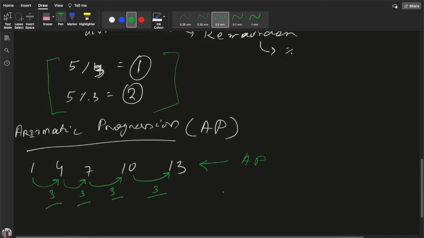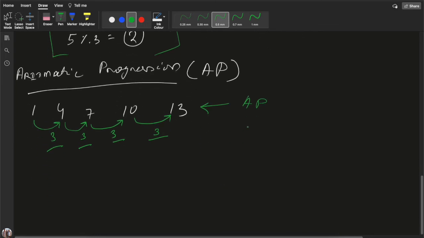So for this series, this difference is called D. How can we generalize this approach? How can we generalize this arithmetic progression?